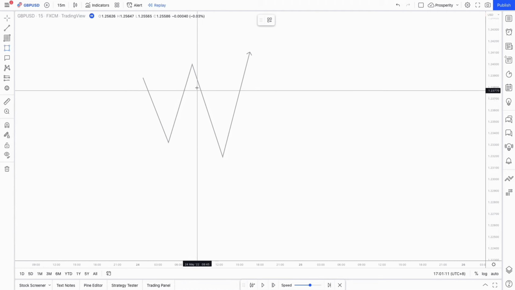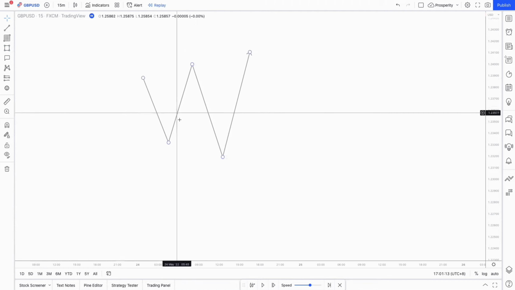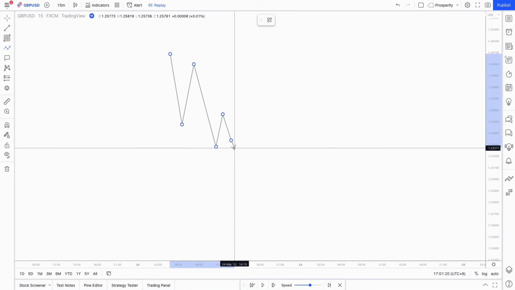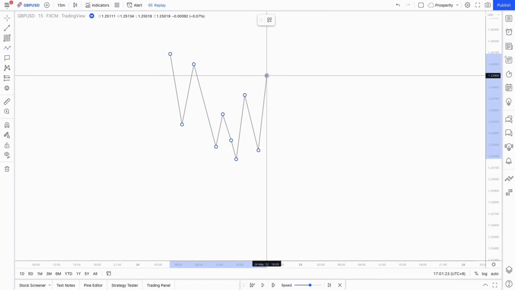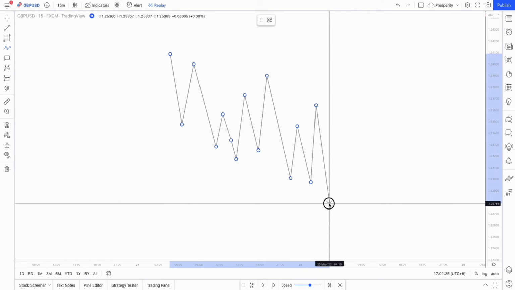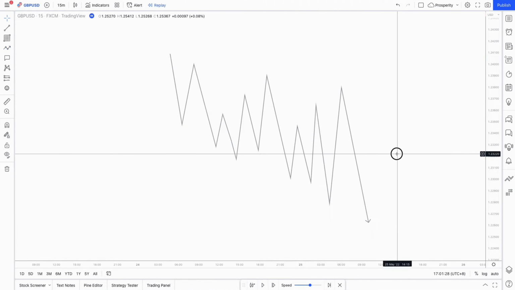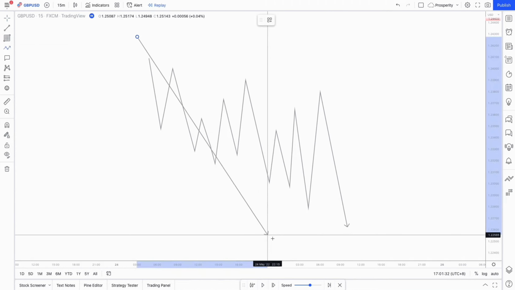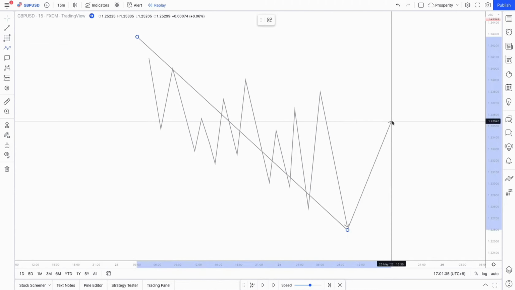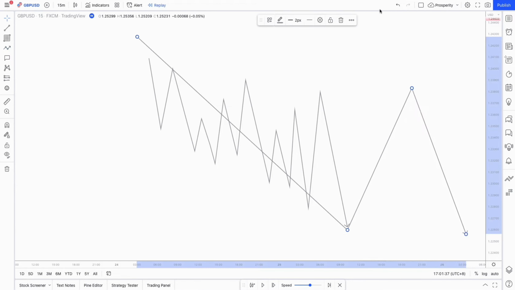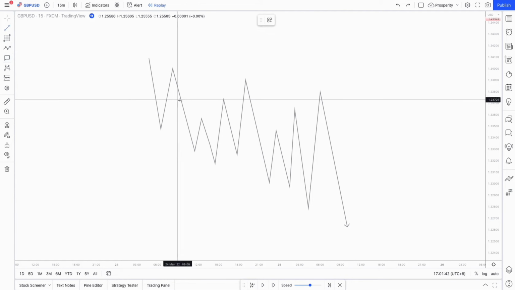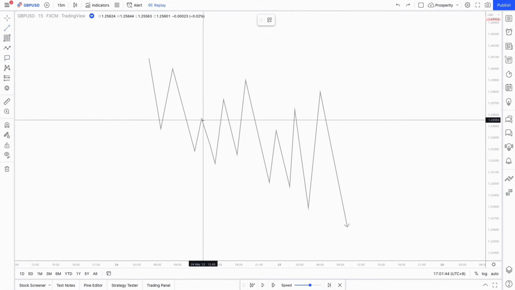Little do they know that in one single price leg, say price is moving like this, if you take just one swing leg, just that one piece of price action, you'll see many times changes of character.